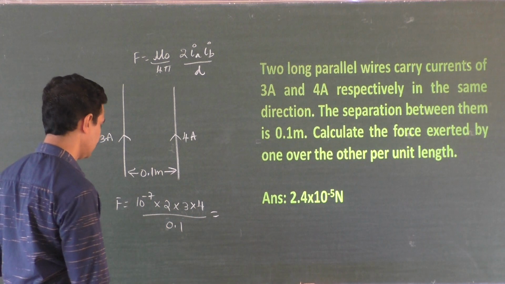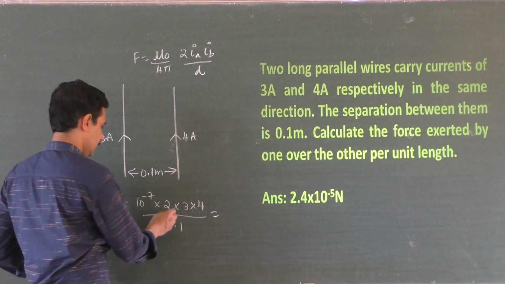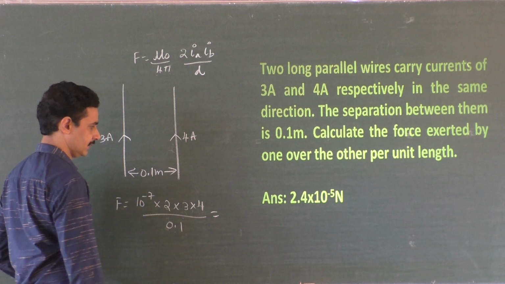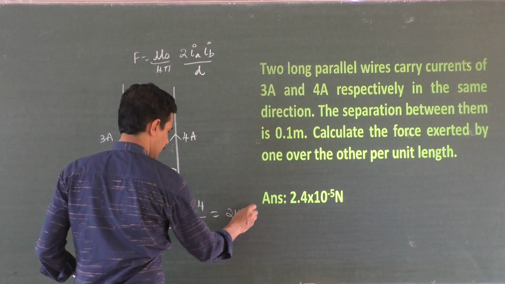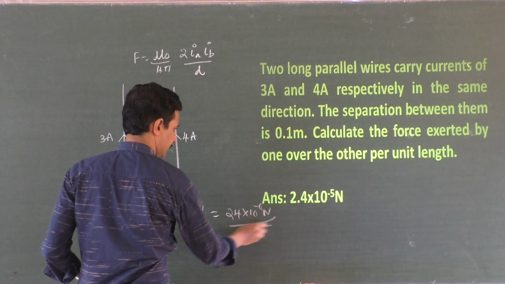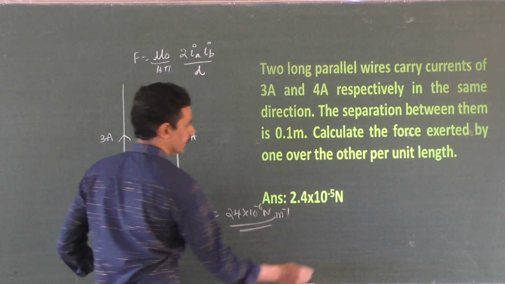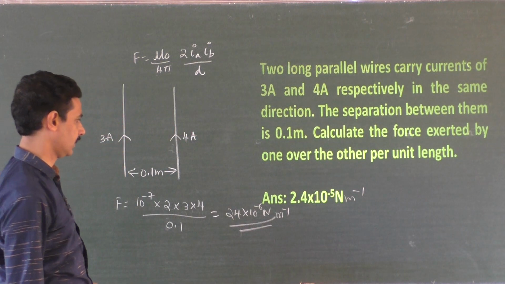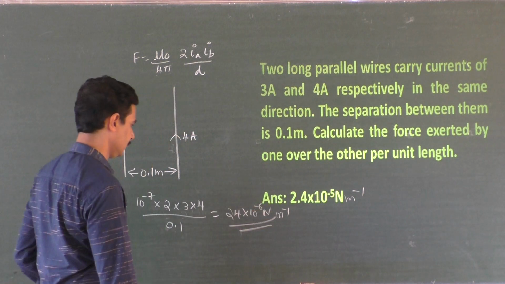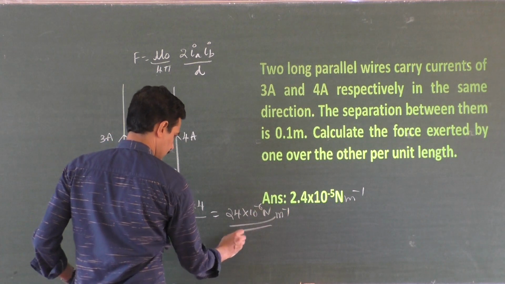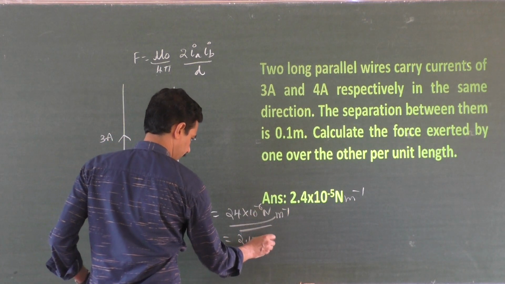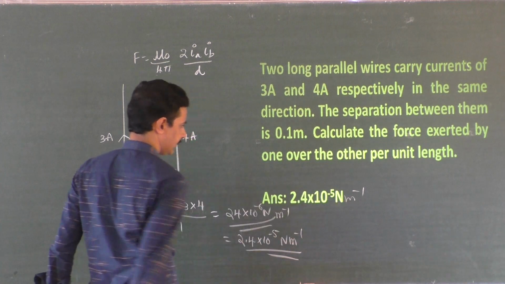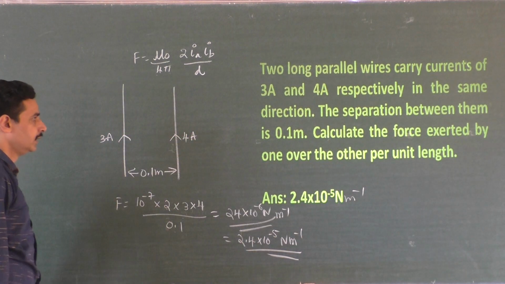I think this is an entrance exam question, direct one. 24, and this comes to 10 to the power minus 6. 24 into 10 to the power minus 6 Newton per meter, per unit length. That's the wrong answer. 10 to the power minus 6, okay, that is correct. 2.4 into 10 to the power minus 5, the unit is wrong. Yeah, Newton per meter, direct one.